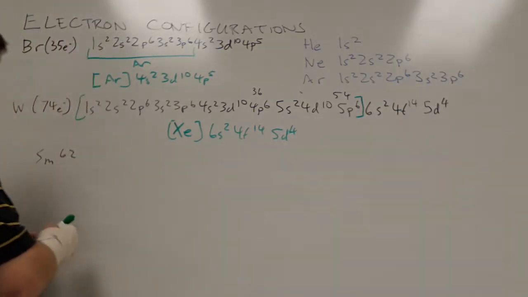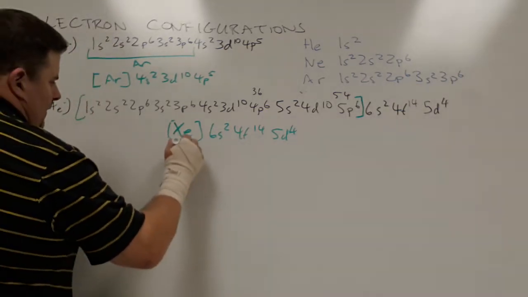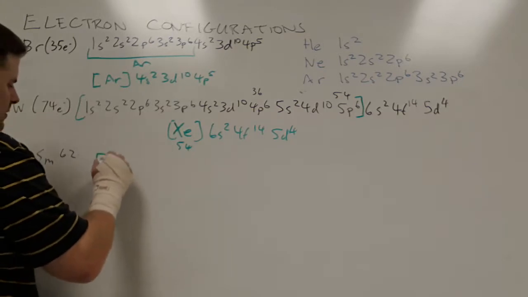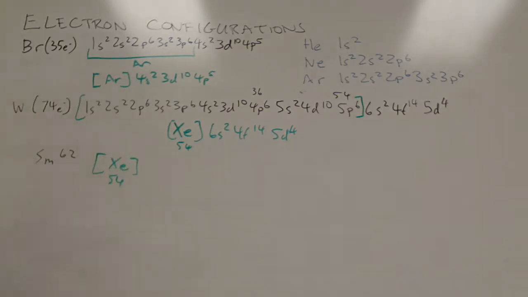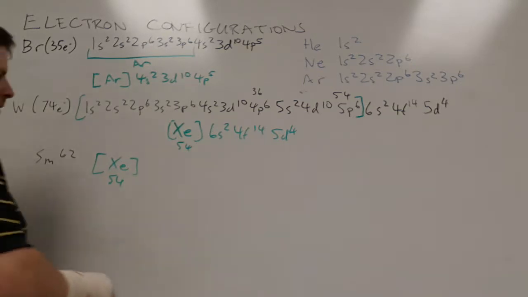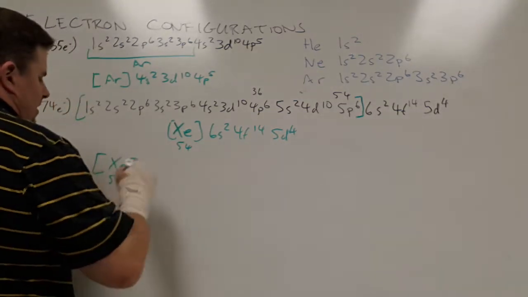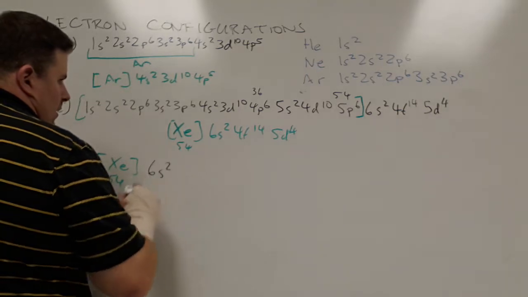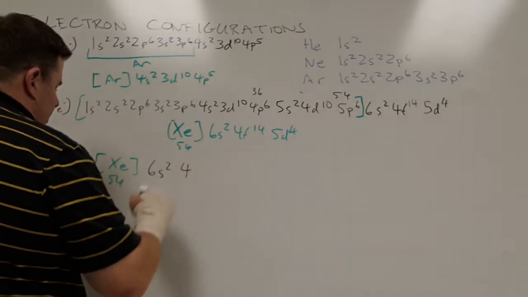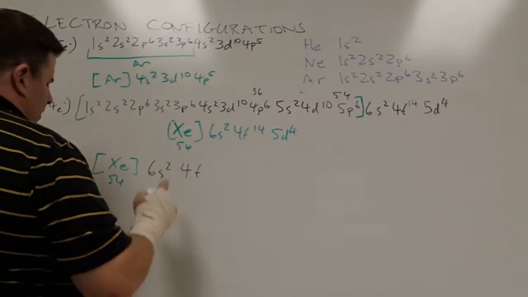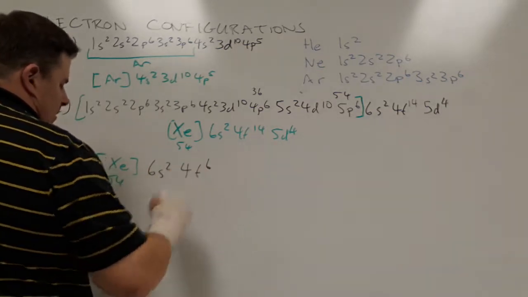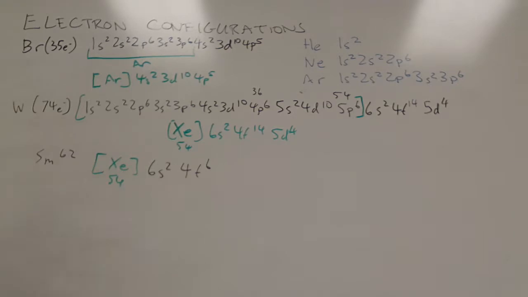Notice that xenon has 54 electrons, so that means I've got 8 electrons left to fill in on this block. And I've got 6s2, and then a lot of people just go straight here and go 4f6, and I get that for samarium.